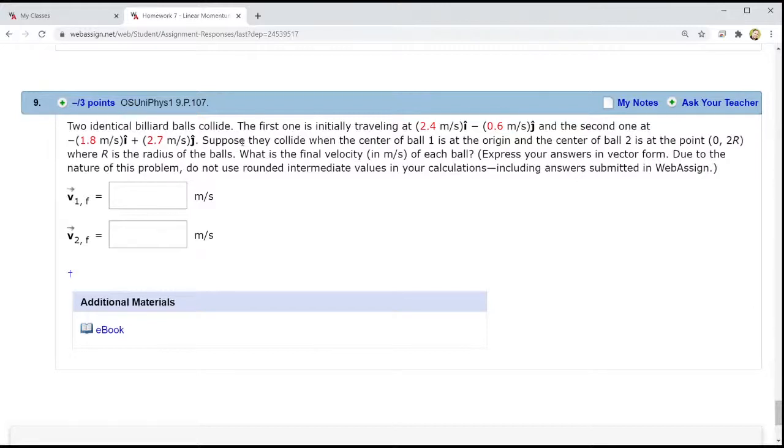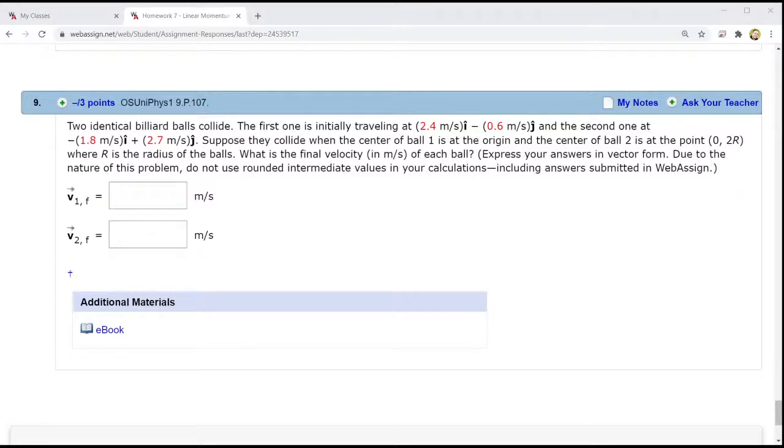But what doesn't make sense is that these things can't collide based on how they're moving with ball 2 above, since (0, 2r) is a coordinate above the origin. So what this really should say is (0, minus 2r). What's the final velocity of each ball expressed in vector form?